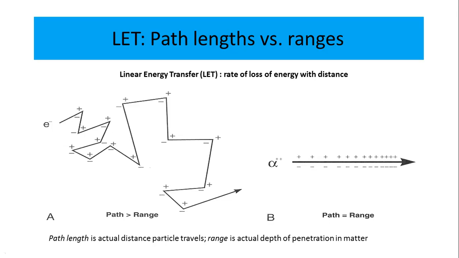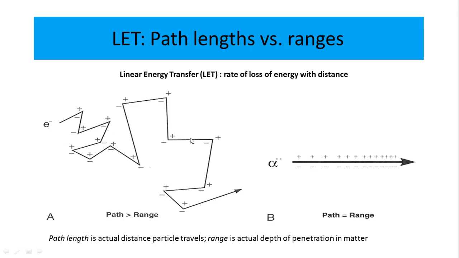But what is the range? Range is the actual depth of penetration in the matter. If this is the path length, and this is the depth from this point directly to this point, this is the actual depth of penetration in the matter, and this is called the range. If you look at this image, in the case of the electron, positron, or negatron, the path length is more than the range.